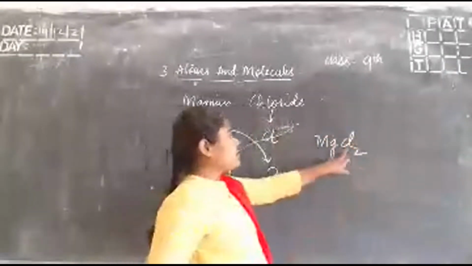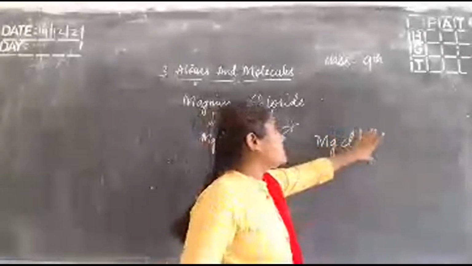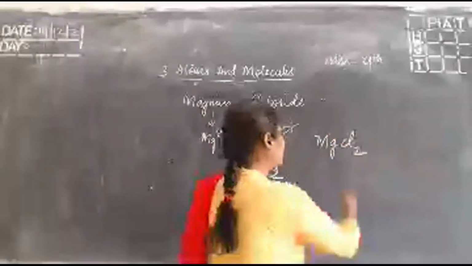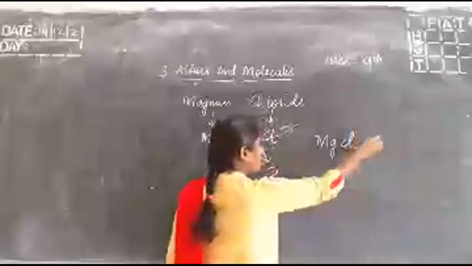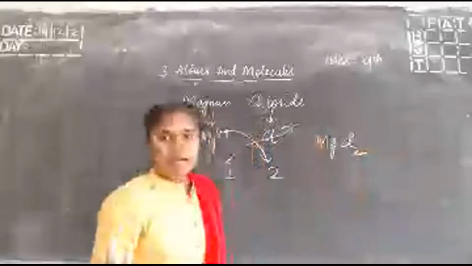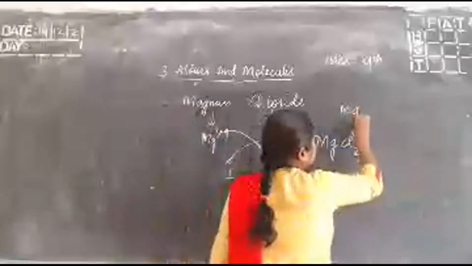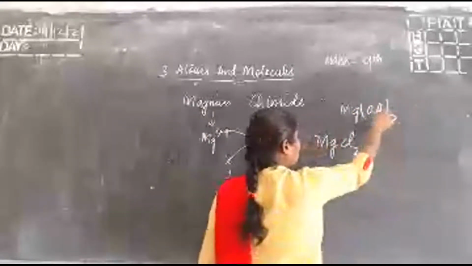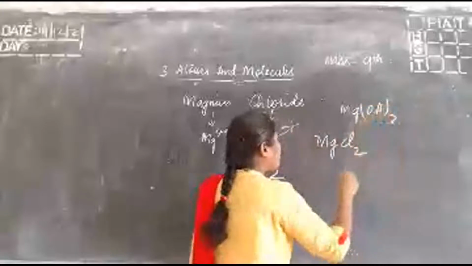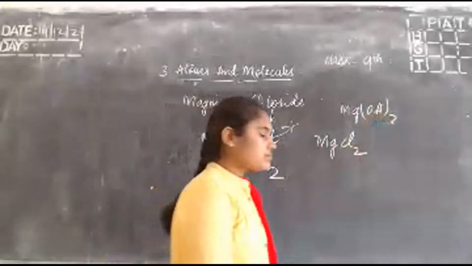Since there is only one Cl atom, there are no different atoms, so you can write the 2 directly. If two atoms or two molecules are combined, then you write brackets. We have seen Mg(OH)2, where the 2 is for both the O and H in OH. But here Cl has only one atom, so we have written MgCl2.